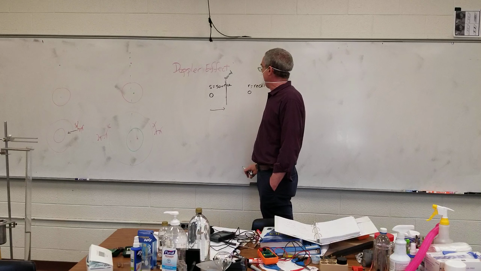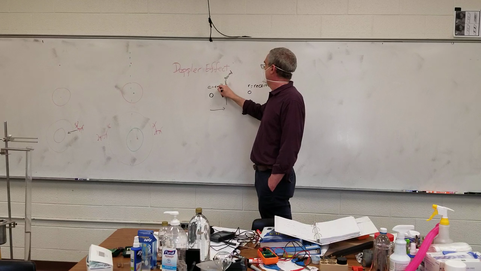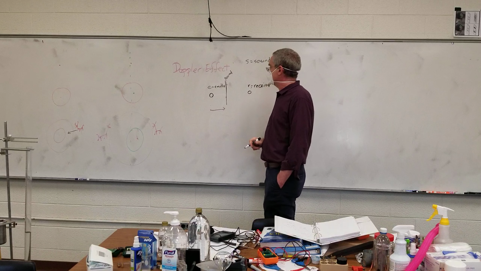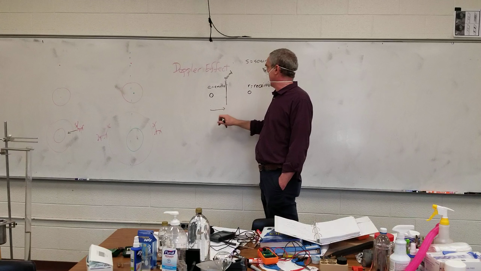I guess I'm already using S for source, so I'm going to change that. I'm going to use E for emitter, and I'm going to use S for sound. So the distance that the first wave has traveled is the speed of sound times the period of the emitter.